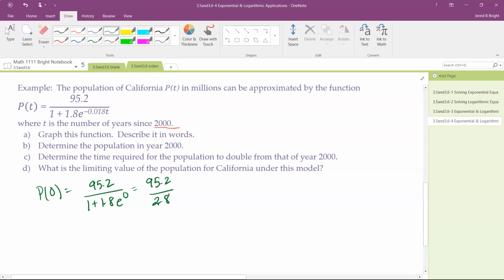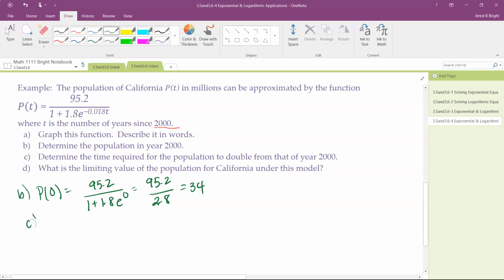If we type that into our calculator, we get 34, so 34 million. That's part B, and I'd write a nice sentence to that effect on my own time.